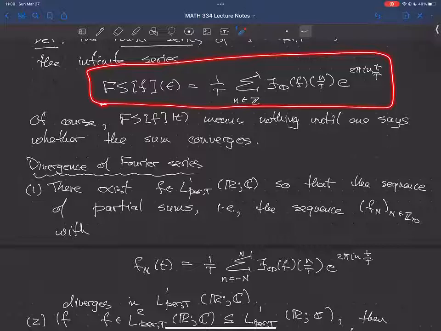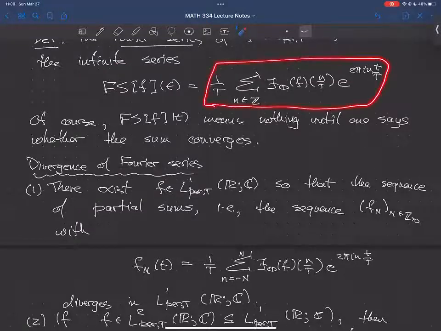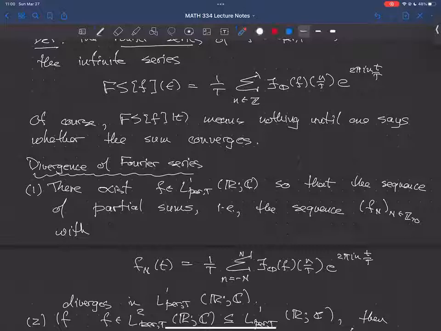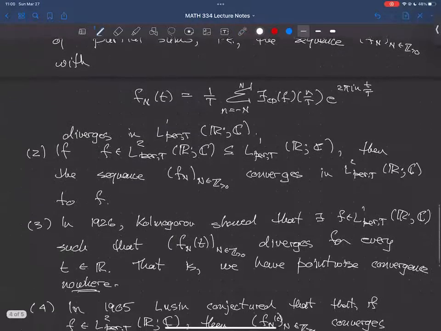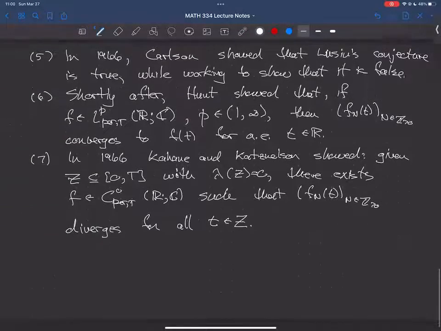Even for continuous f's, it only makes sense generally almost everywhere. And so it really stresses the urgency of talking about the convergence properties of that infinite sum. And the convergence properties are, basically, in general, there are no convergence properties. All right.